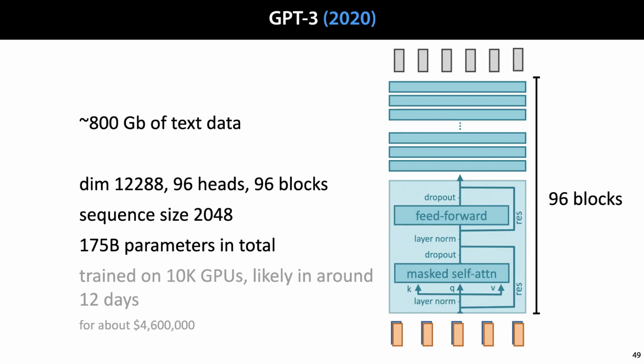To find this much high-quality text on the web, OpenAI took their previously relatively small set of high-quality articles and trained a classifier to predict whether an article came from this subset or from a larger unfiltered web crawl. Then they used this classifier to select high-quality data from the general crawl.